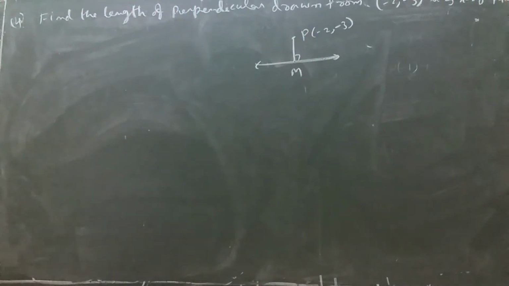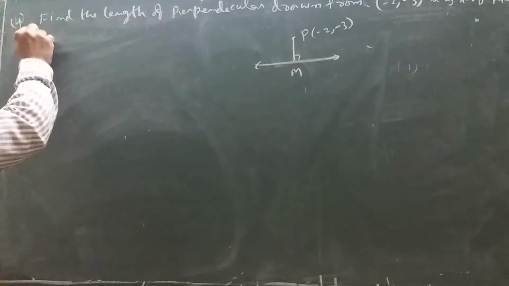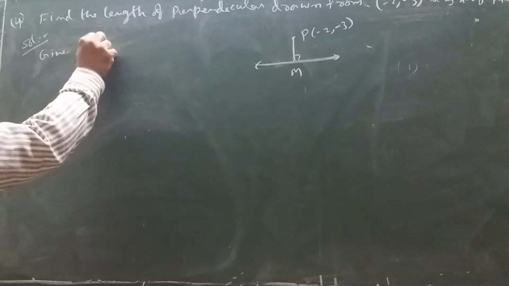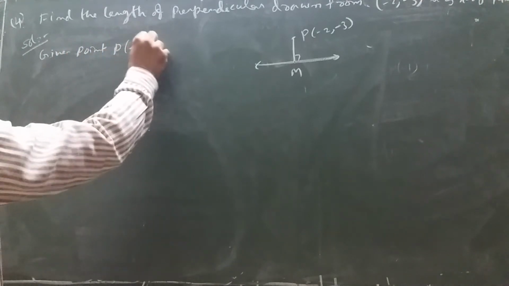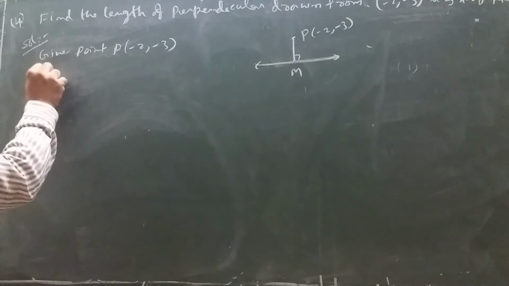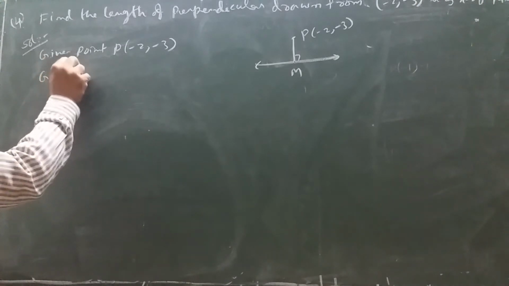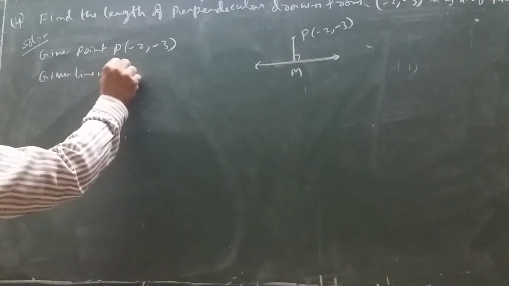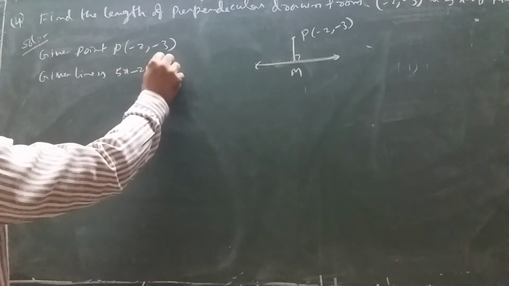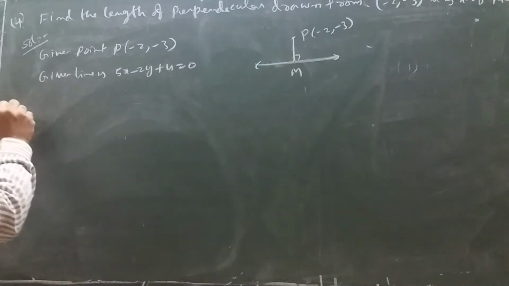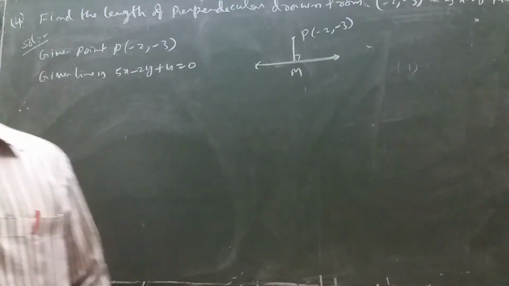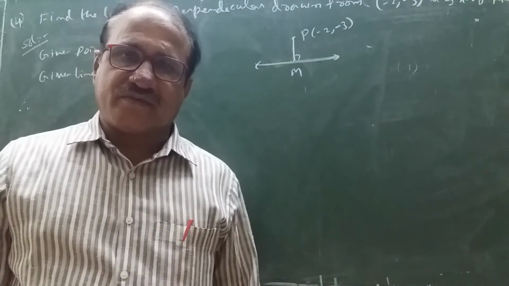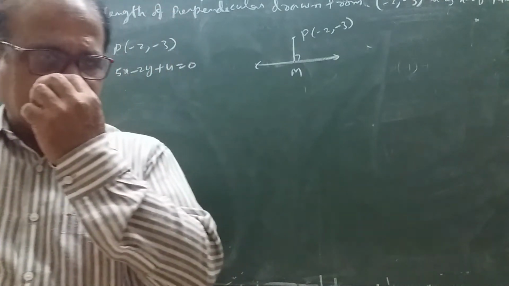We know the formula. Given point P minus 2 comma minus 3, the given line is 5x minus 2y plus 4 is equal to 0. We know the perpendicular distance from a point P x1 y1 to the straight line ax plus by plus c is equal to 0.